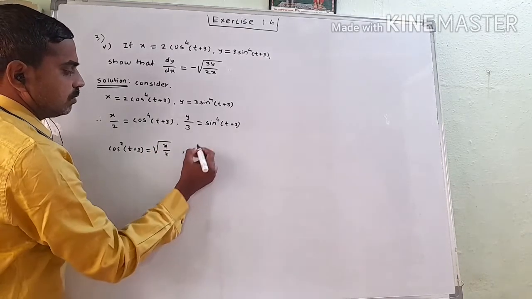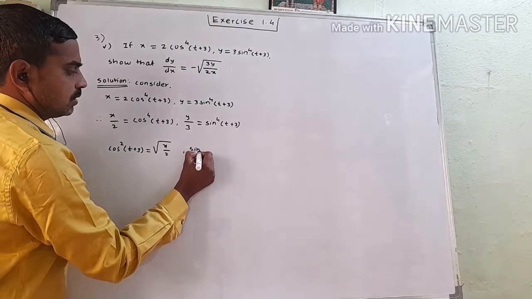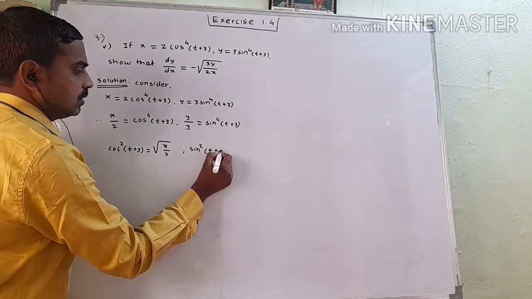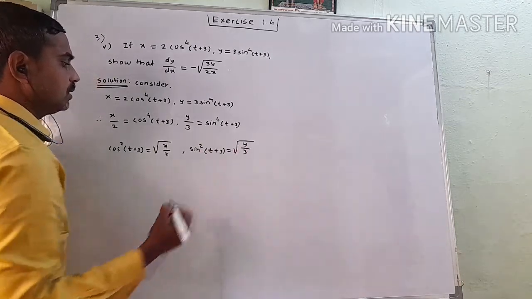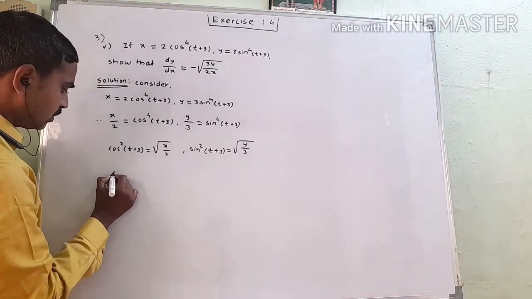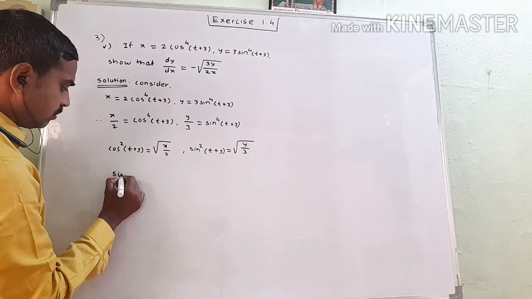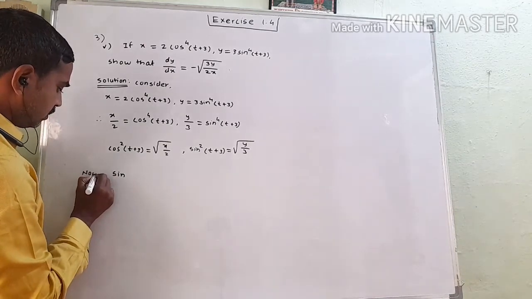And taking square root of the second equation, we get sin square of (t plus 3) equal to square root of y by 3. Now we will use the relation between sine and cosine.